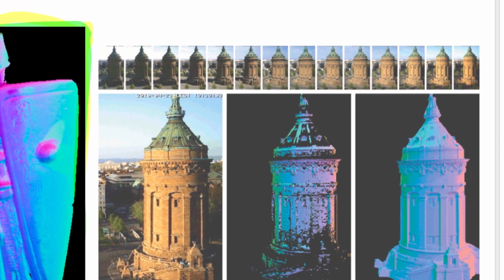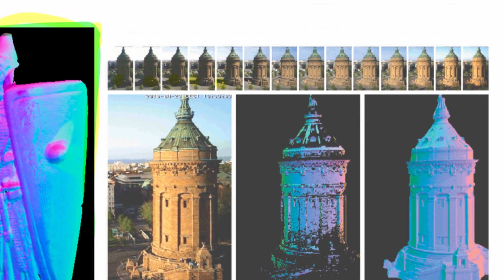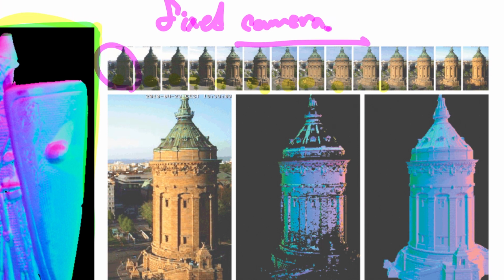As you can see here, this is the same object. I don't know what it is, but yeah, it's just like a castle, right? So we have a fixed camera and take images while varying the time. Then we can get several images with different illumination conditions, right?